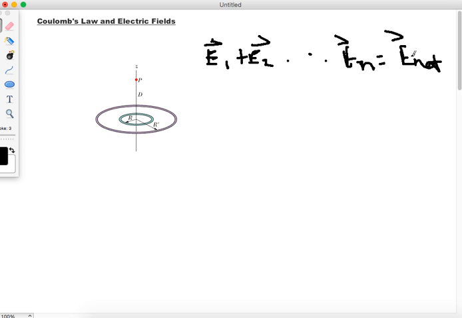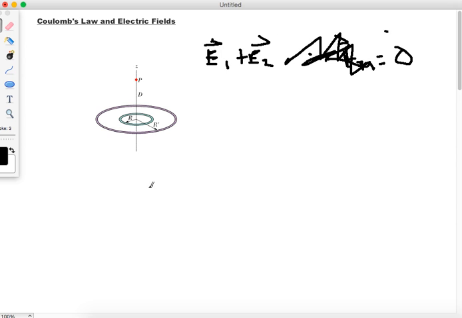They want E net to be 0, so we can replace this with a 0. There are also only 2 electric fields, so we don't need the rest. So E1 plus E2 equals 0. And they're also in the same direction, so that works out.